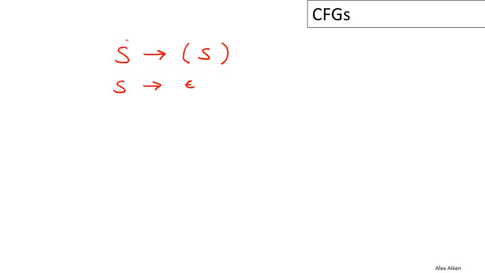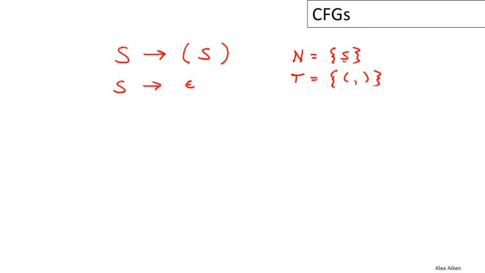So there are two productions for this grammar, and just to relate this example to the formal definition we gave on the previous slide, what is our set of non-terminals? It's just the single non-terminal S. What are our terminal symbols in this context-free grammar? It's just open and closed paren. There are no other symbols. What's the start symbol?